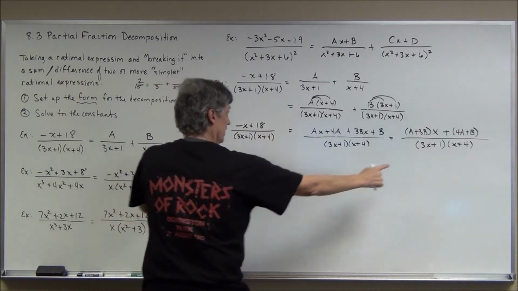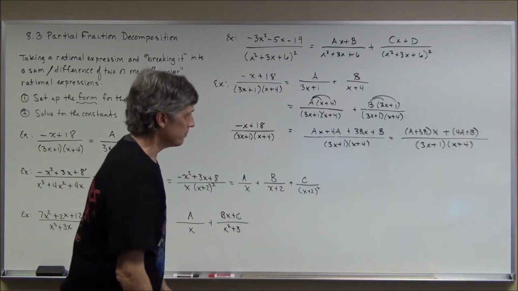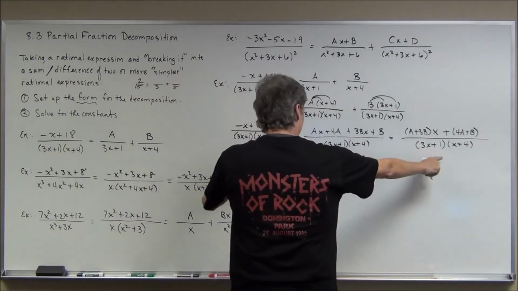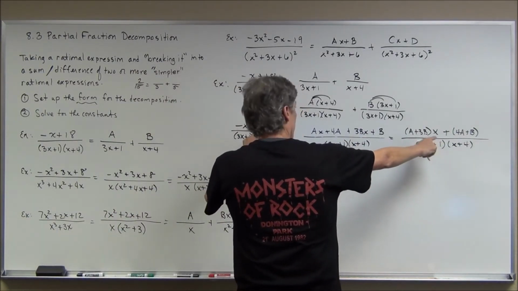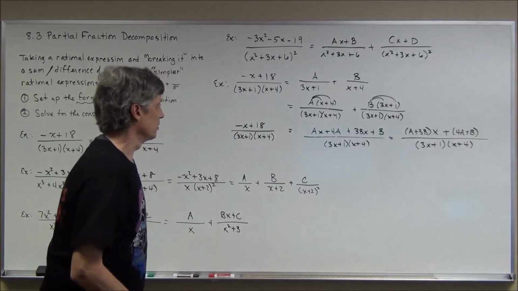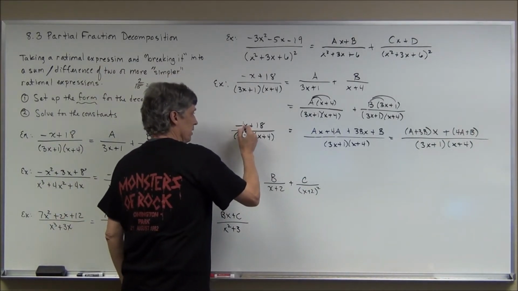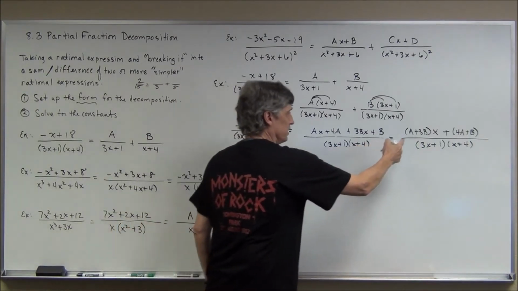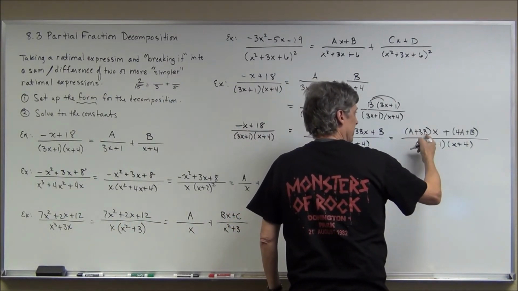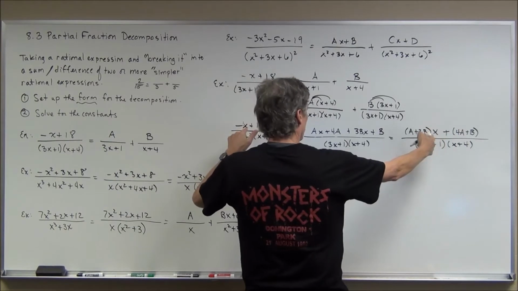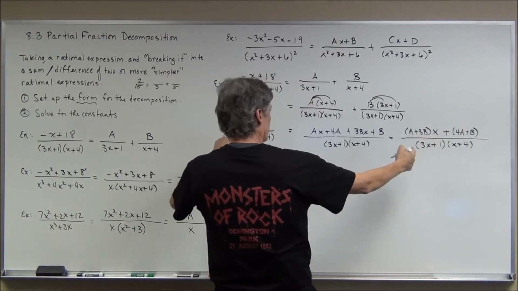But these two things should be equal. Well, they're equal, they have the same denominator, so therefore the numerators must be equal. So I look here, what's the coefficient of the x? -1. What's the coefficient of the x? a plus 3b. If these numerators are equal, the coefficients must be equal, the constants must be equal.